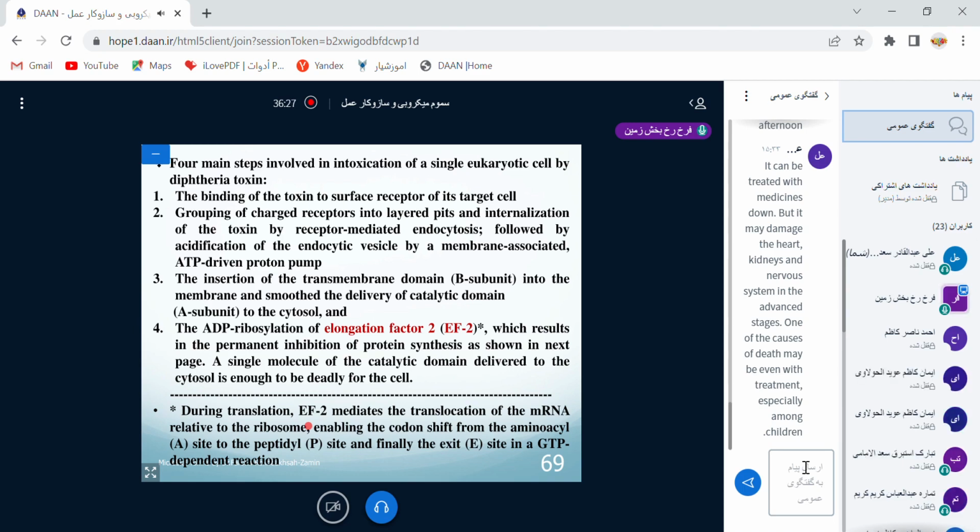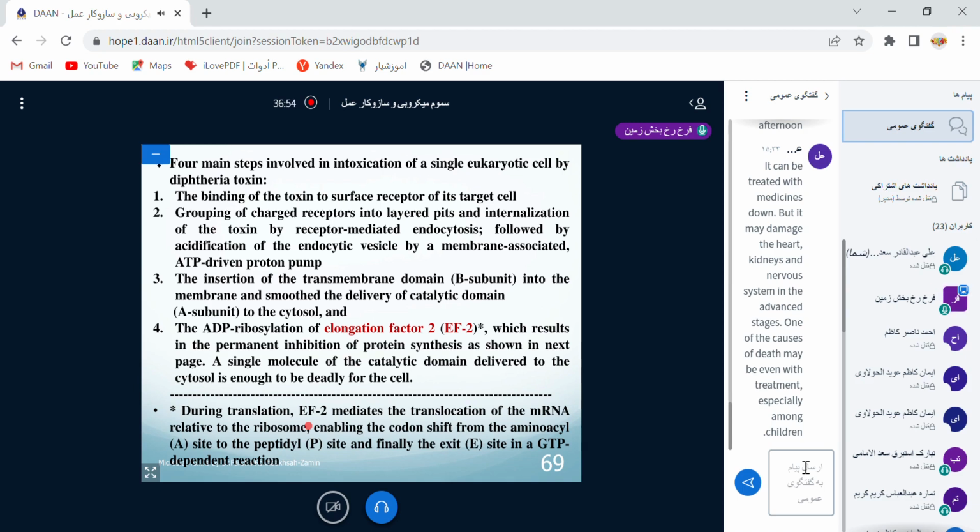100% all BST students know it very well: the mechanism of protein synthesis. Protein synthesis has three parts: initiation, which starts with initiation factor 1, initiation factor 2, and initiation factor 3.